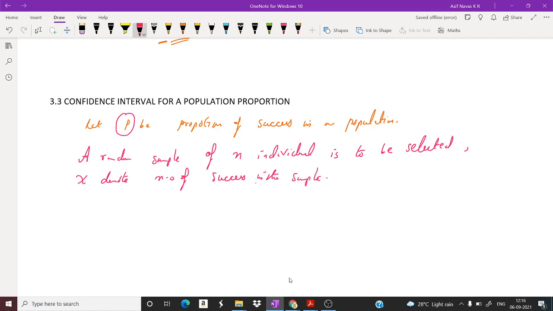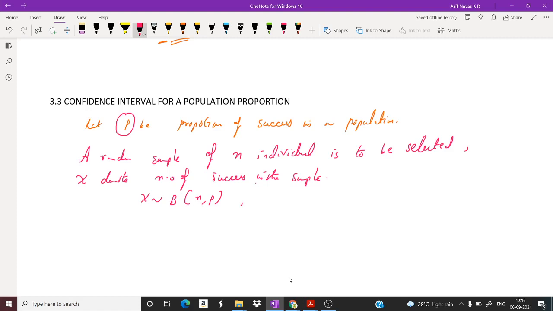The other outcome is a failure, so x follows a binomial distribution with n trials and p the probability of success.